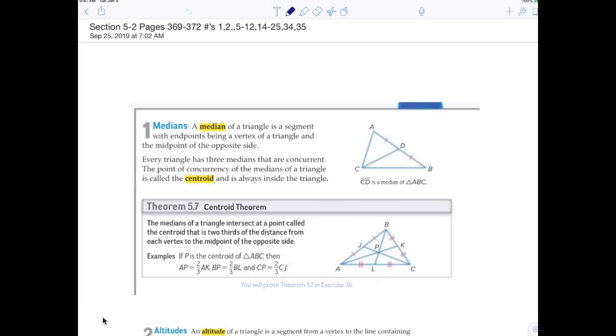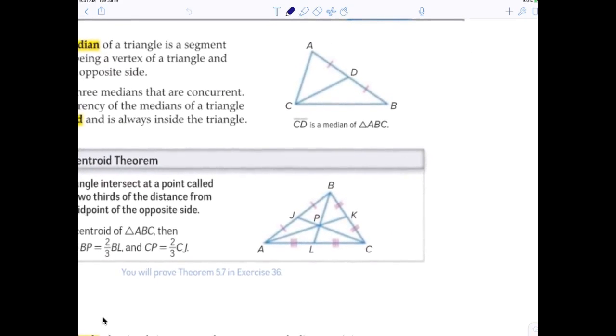Okay, the median. All right. When you take a triangle and you find its midpoint, like D is considered a midpoint, the line from the vertex to the midpoint is called the median. All right? And if I were to draw a midpoint on each one of these, and I would draw from that vertex, all right?